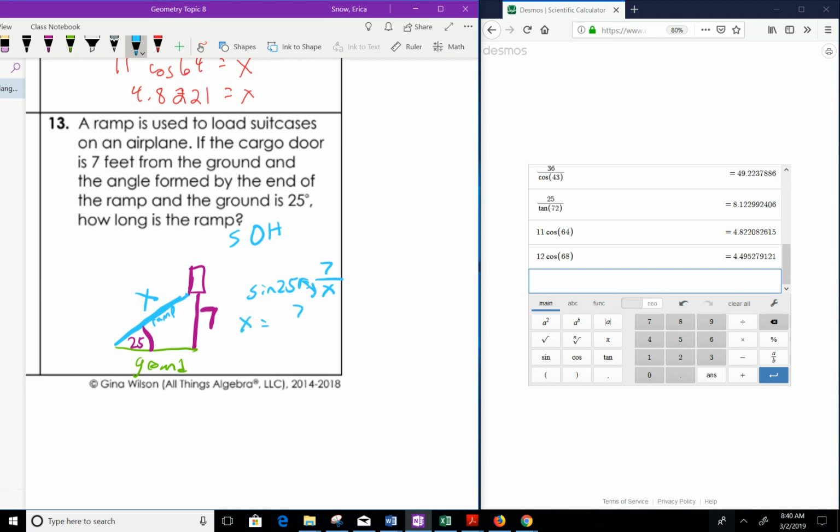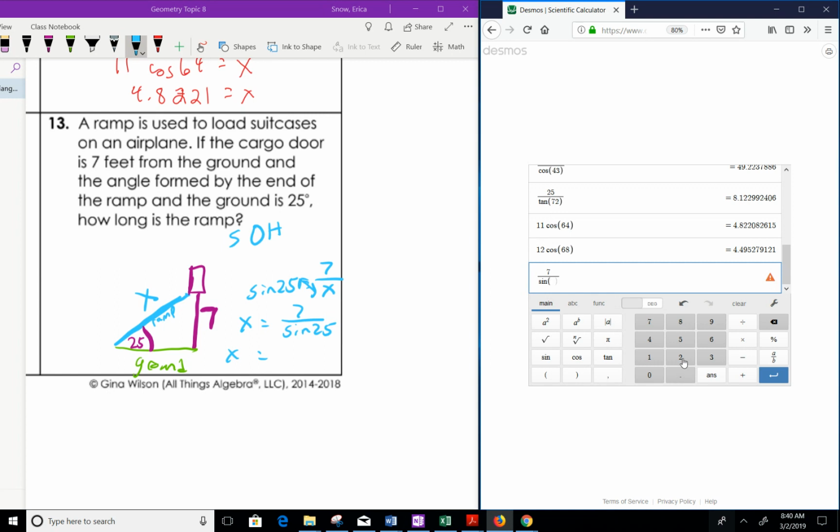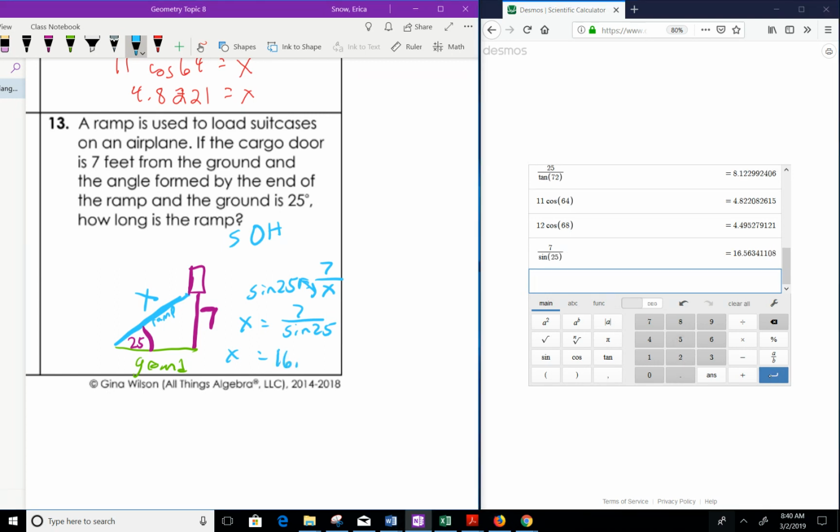So x equals 7 divided by sine 25. 7 divided by sine 25 gives us that x is 16.564. So that ramp is about 16.5 feet long.